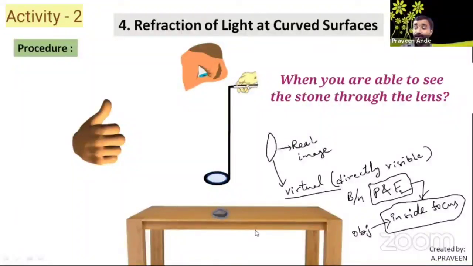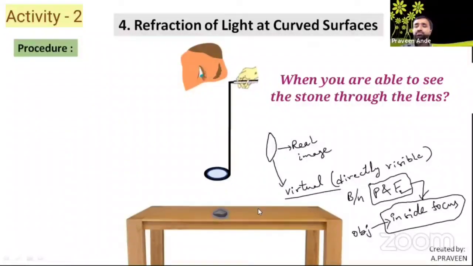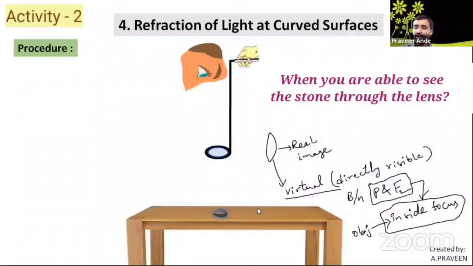Yes, inside the focus. Then I am moving this lens again. Yes, moved. Then again ask your friend, is it visible or not through the lens? So it is visible, right?